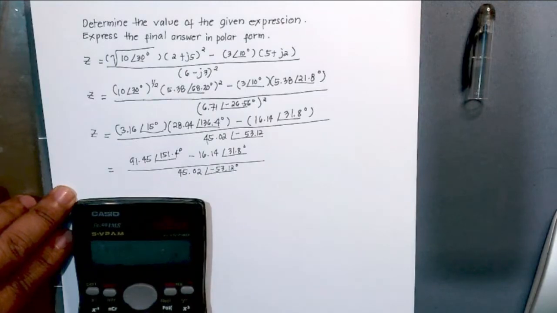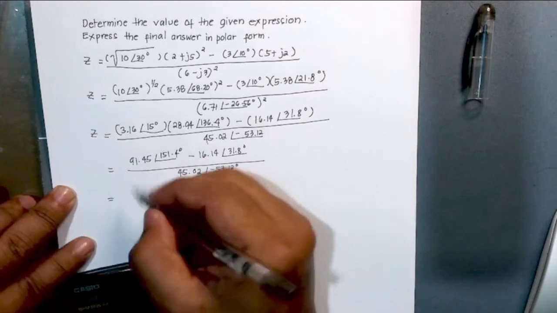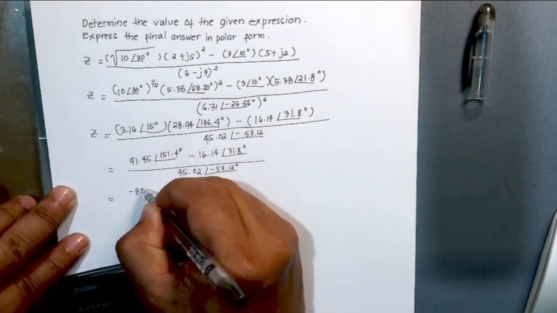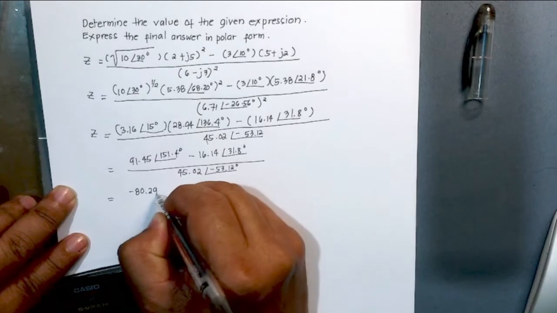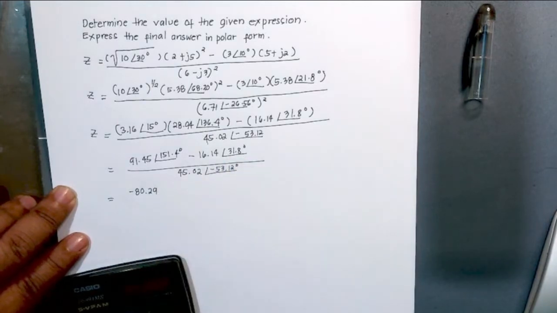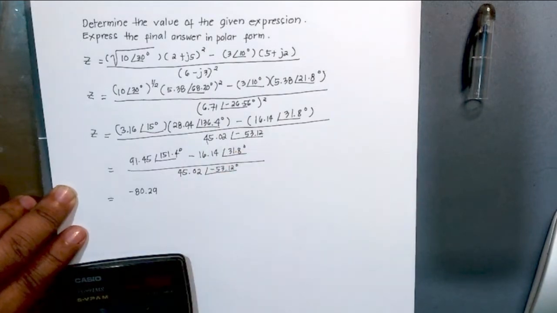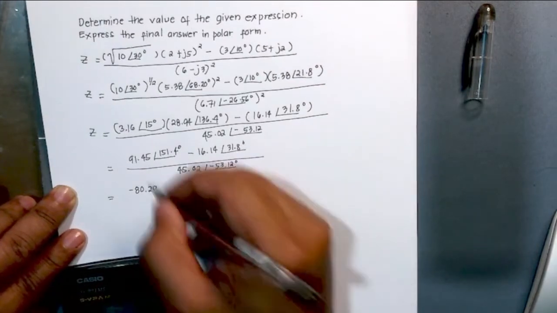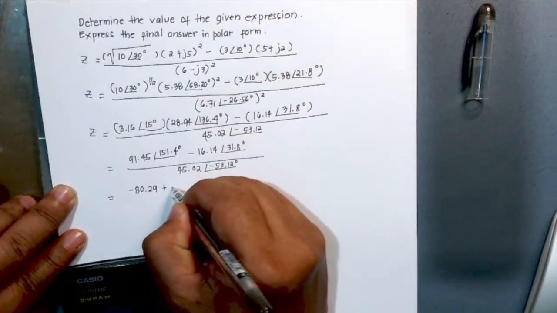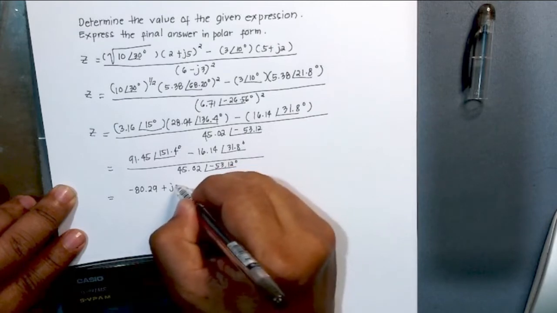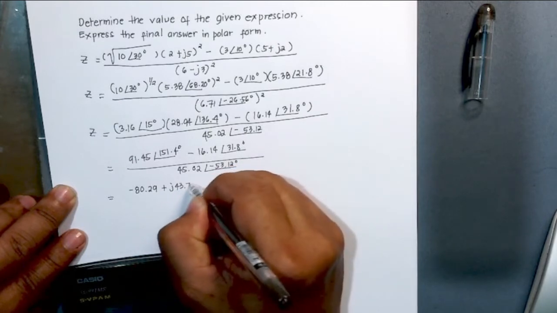Rectangular, so 91.45 comma 151.4 equals, so this is negative 80.29, and the other part, equals, that is plus j43.78.